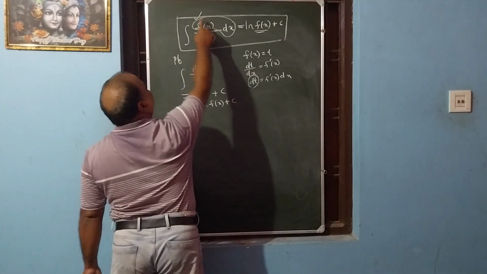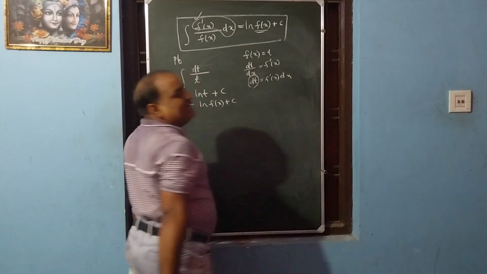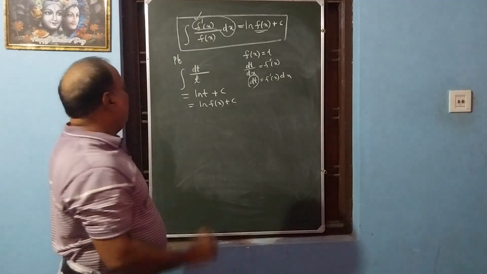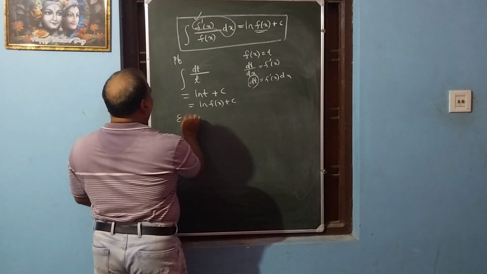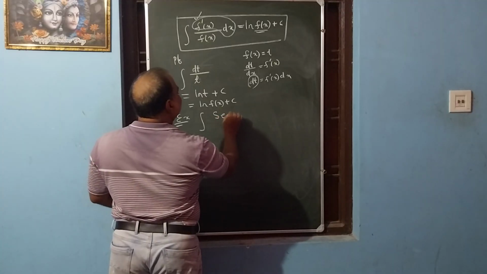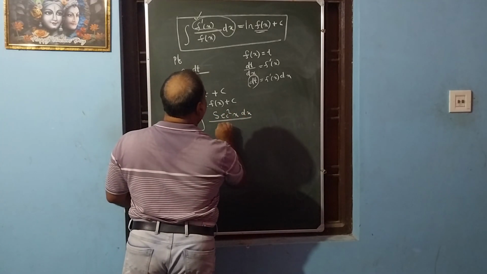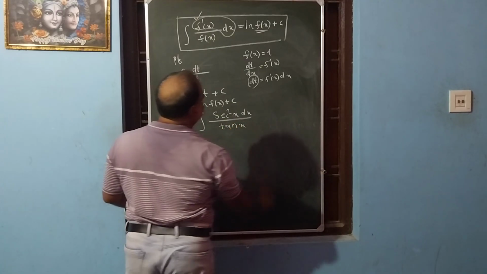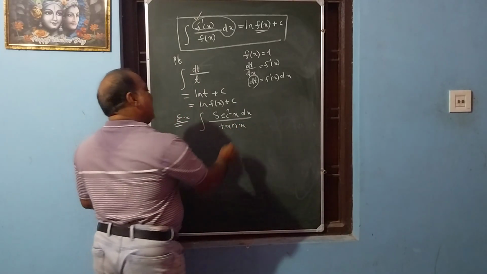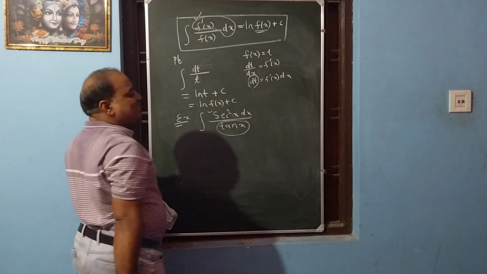Upper derivative, lower function, and integration value is ln f of x. One example. Integration of sec square x dx by tan x. Here you see tan x is the function and whose derivative is here sec square x.